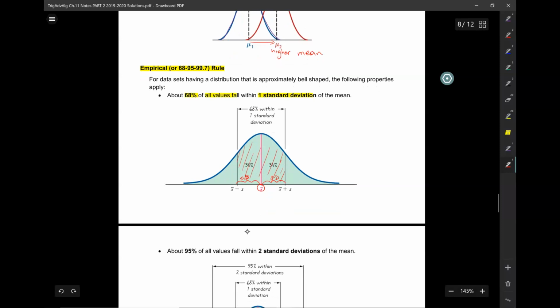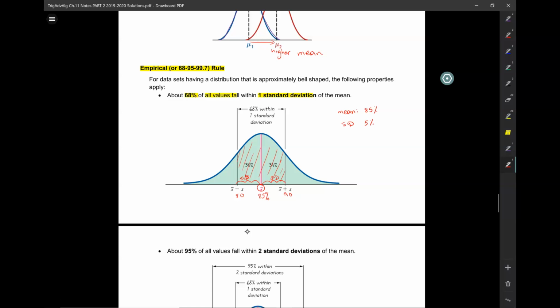So suppose the average was 85%, and suppose there was a standard deviation of 5% for argument's sake. From 85, I go to the right 5%, and that's 90. Then I go to the left from 85, 5%, that's 80. So when I have all the tests, 68% of the students' scores are going to fall between 80 and 90%. One standard deviation.